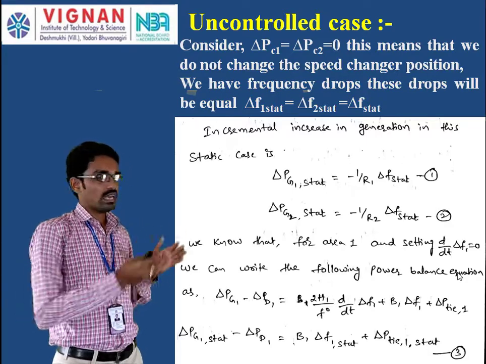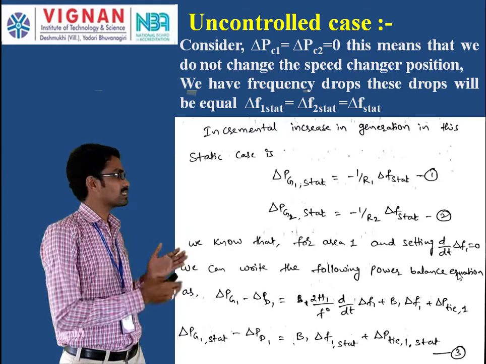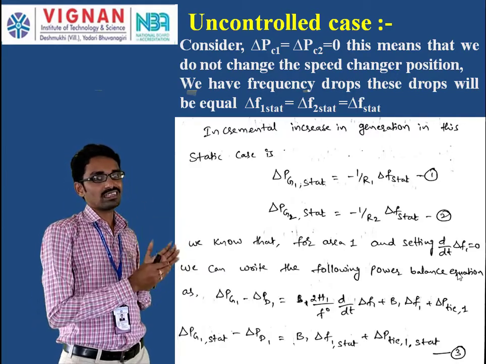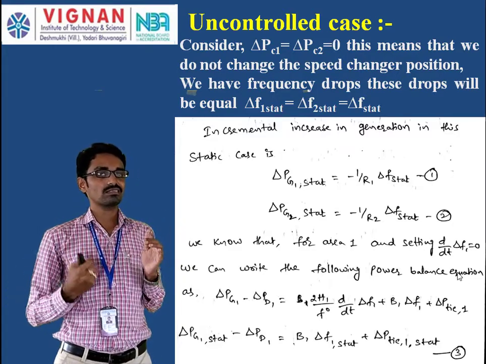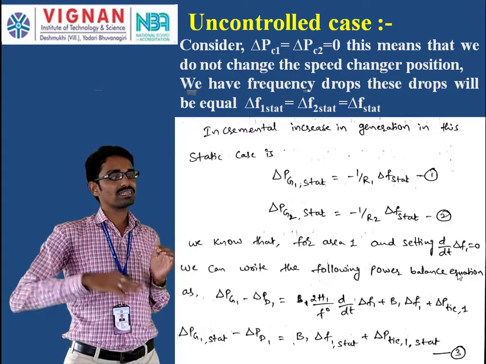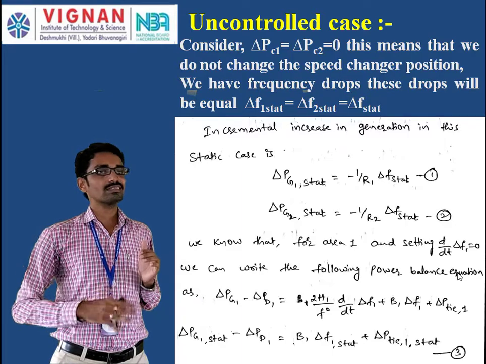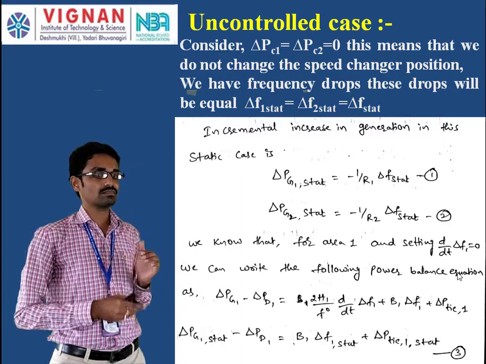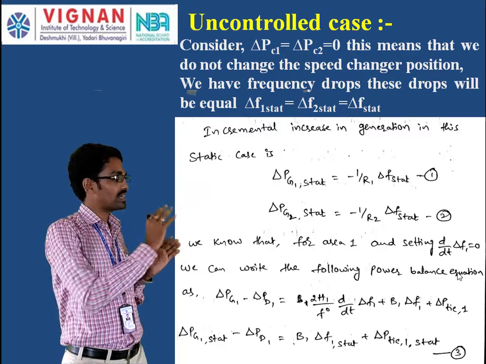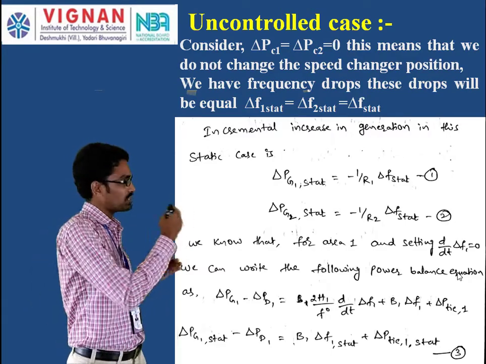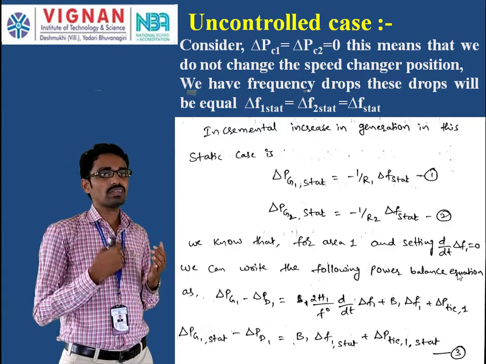And in the next equation, for control area 2, delta Pg2 static, because we are in the steady state analysis. The uncontrolled case and the controlled case are both steady state analyses only, so we are considering static values, that is, steady state values. Delta Pg2 static is equal to minus 1 by R2 delta f static, that is equation 2.